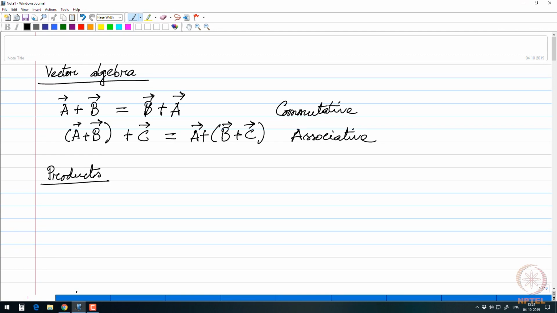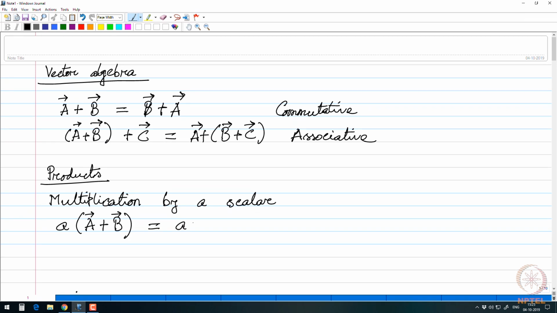The first kind of product is multiplication by a scalar. Here, small a is a scalar and we are multiplying the sum of two vectors A plus B with this small a. This just gives us small a times vector A plus small a times vector B.